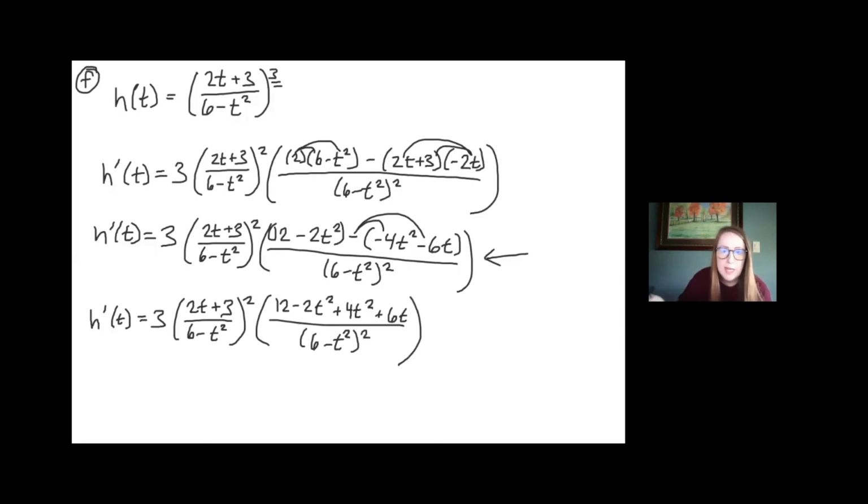Okay, so then doing that, we can now combine like terms. We have a couple t squared terms that we can combine. I think this is going to be our last step here.